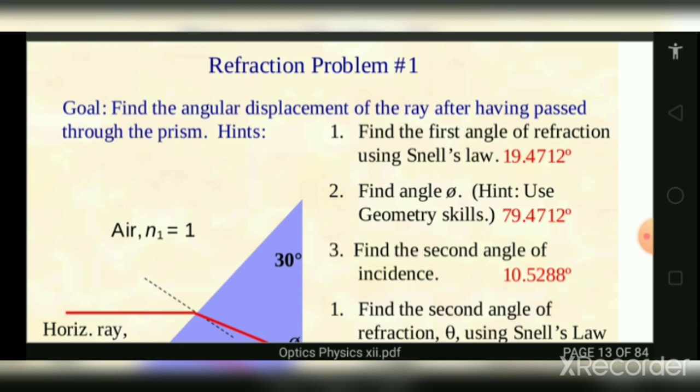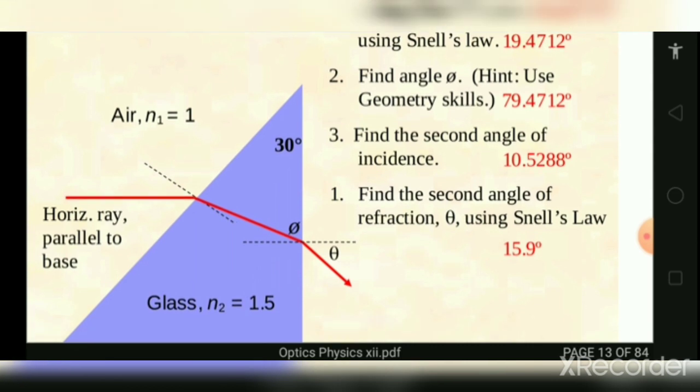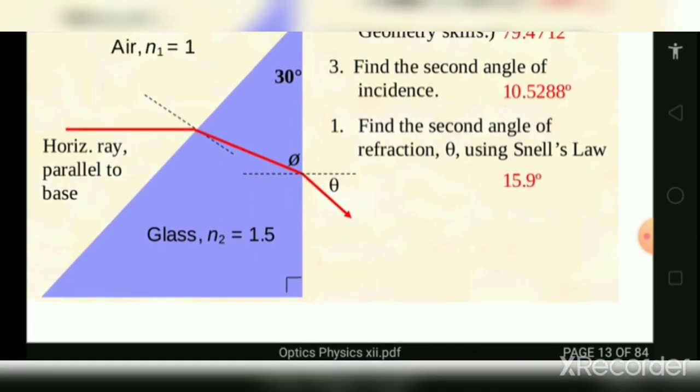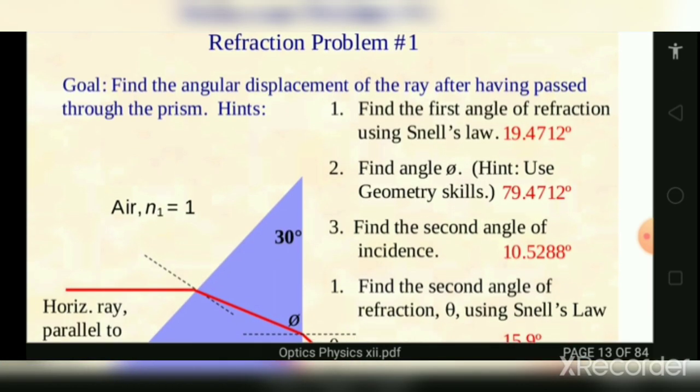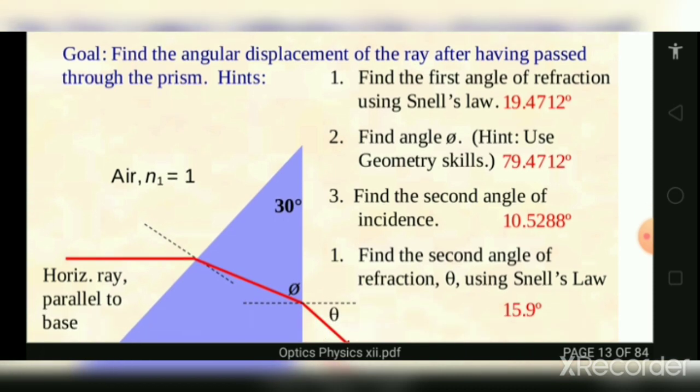There are a few problems. For example, you have a diagram or object which bends in this manner, considered a prism. Now you have to find the angular displacement of a ray after it passes through a prism. These are the hints for the sum.